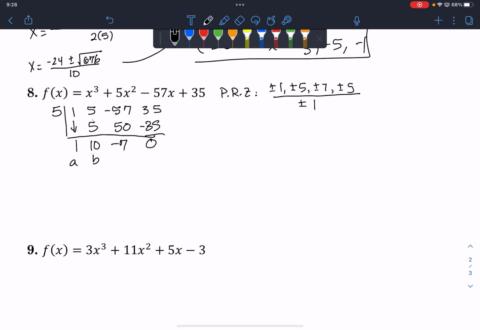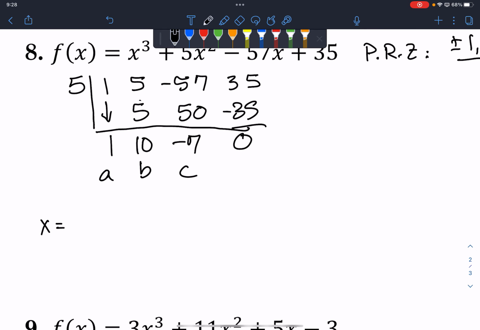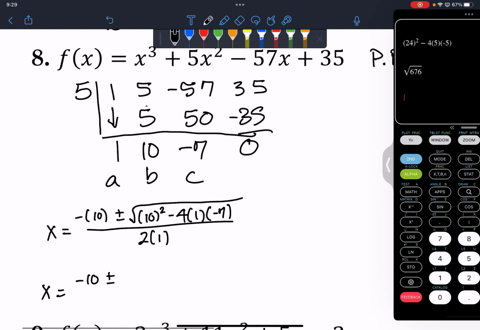So with this being A, B, and C, we can now plug it into our quadratic formula and figure out the other two zeros. So we have negative of 10 plus or minus the square root of 10 squared minus 4 times A, which is 1, times C, divided by 2 times A. Let's see what this is.